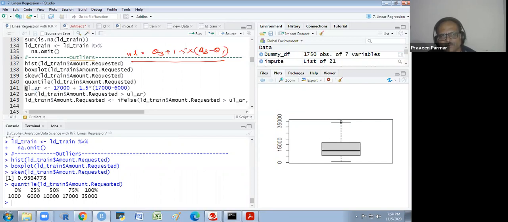Upper limit of amount requested: Q3 plus 1.5 into Q3 minus Q1. Any doubt here? No doubt.